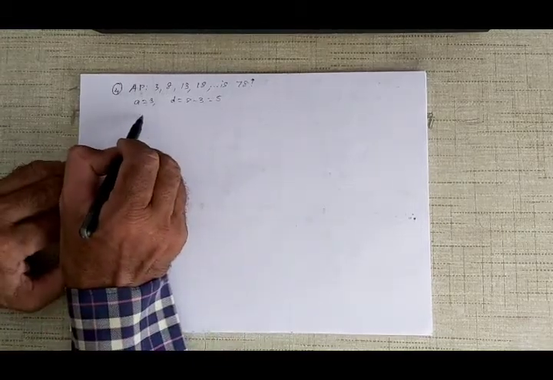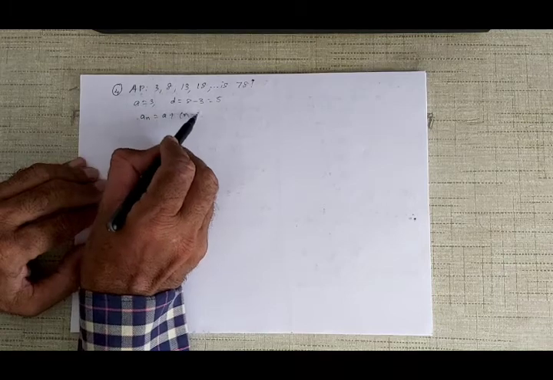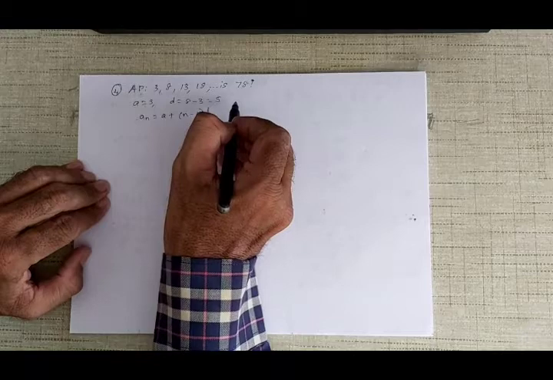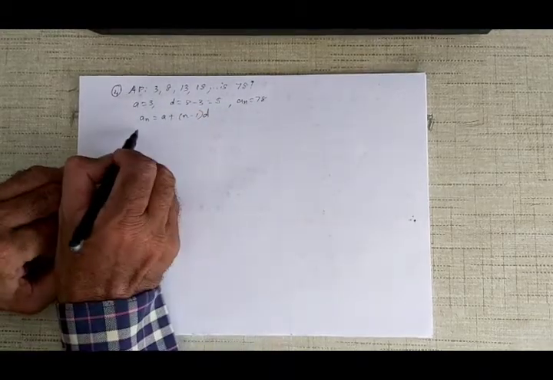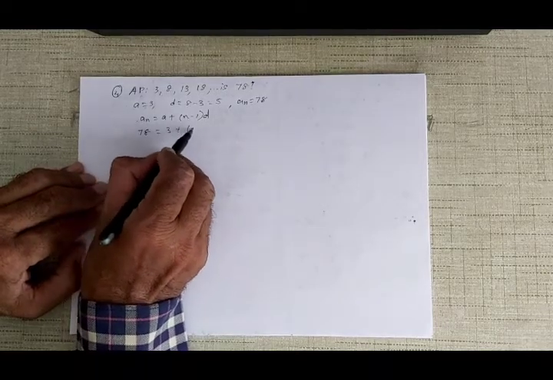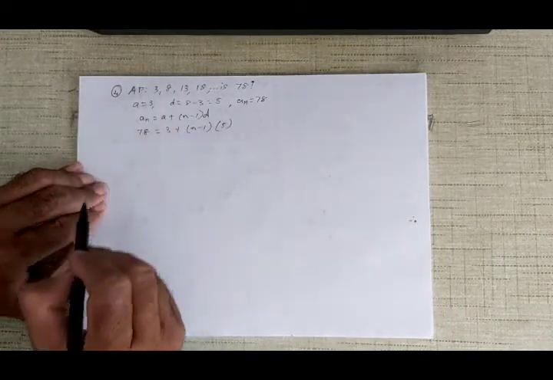Now you see we use the formula a of n equals a plus n minus 1 d. Now which term is 78? So therefore a of n we take as 78. So 78 is equal to a plus n minus 1 times d, we have to find n, and the value of d given is 5.